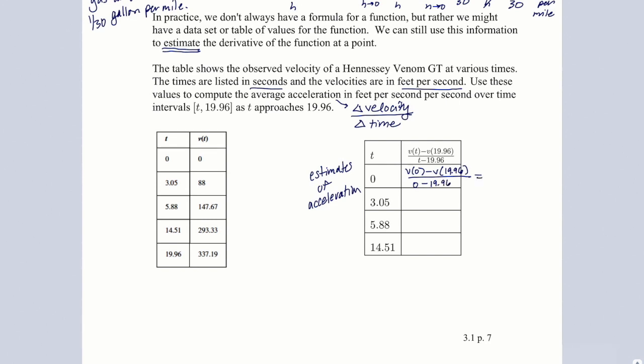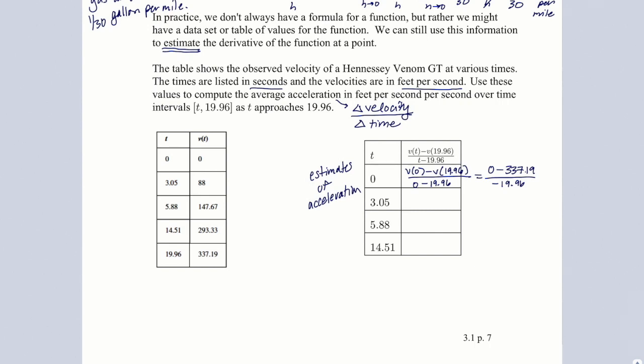So v of 0 is 0, and v of 19.96 was 337.19. And then in the denominator, I'm going to have negative 19.96. Right, so we'll find that number.